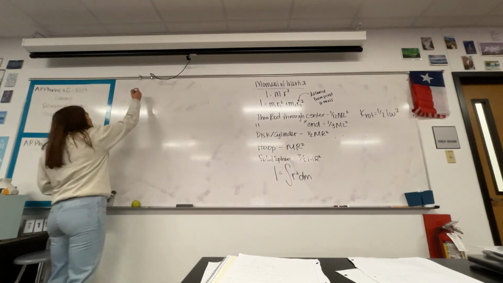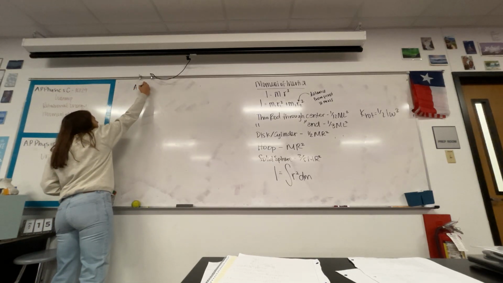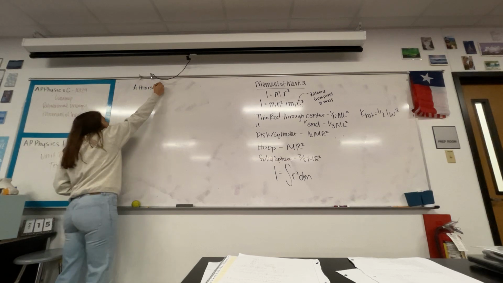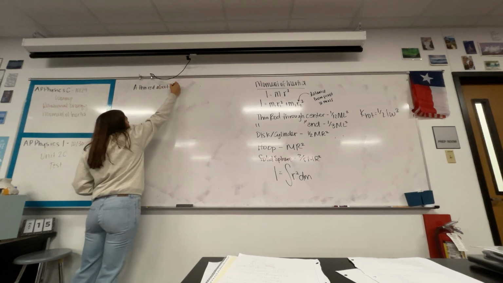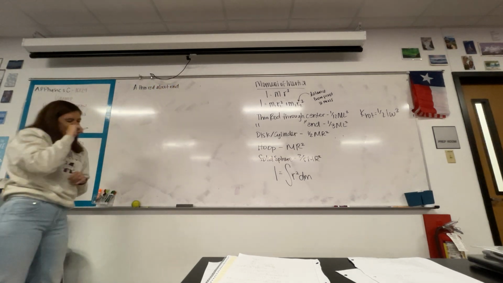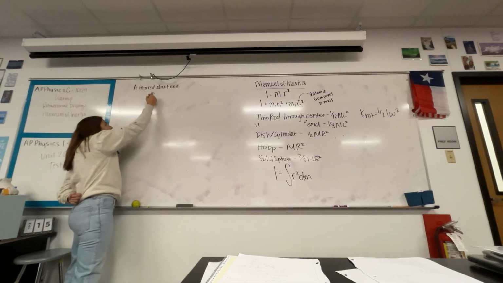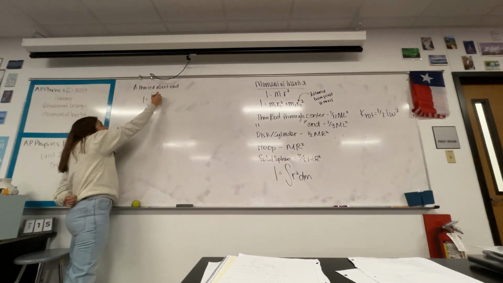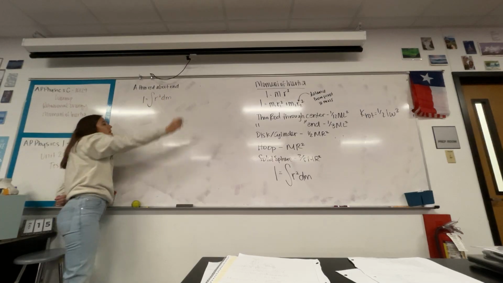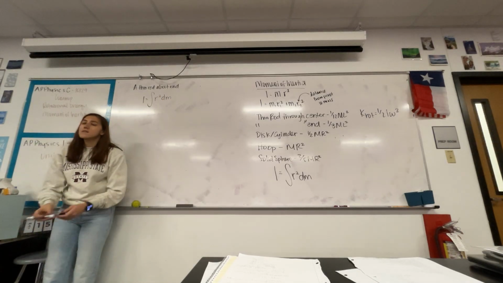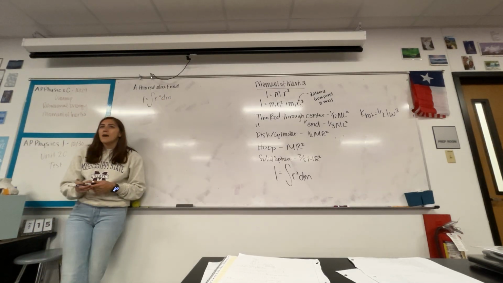All right, so let's do it. We're going to do a thin rod rotating about the end. That's what we're going to do first. So I have this integral, just like for linear density and center of mass, this is integrated to dm.